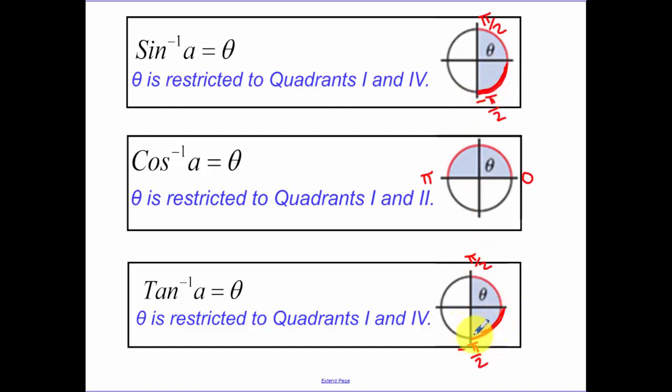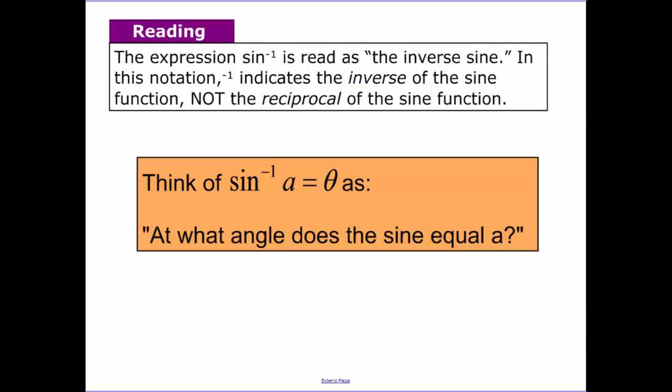All of these angles are the negative versions of the angles. It's not going to be 330 degrees. It's going to be -pi/6 or -30 degrees. Another key thing I want to make sure you have: the expression sine to the -1 is read as the inverse sine.